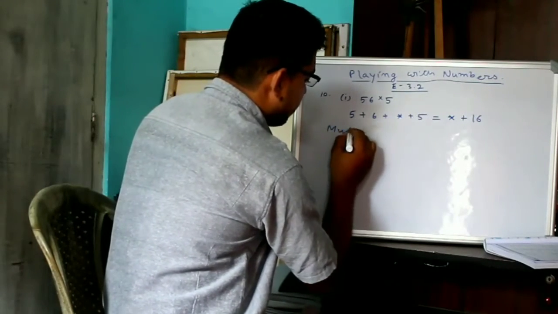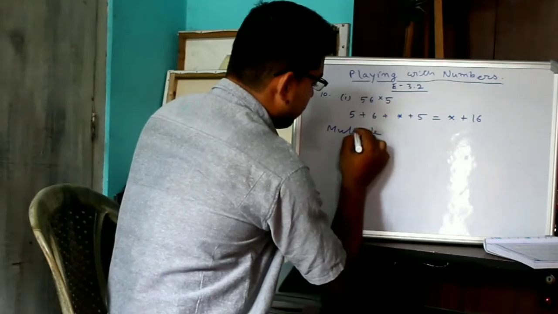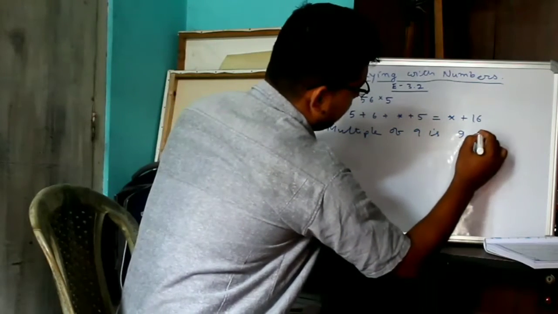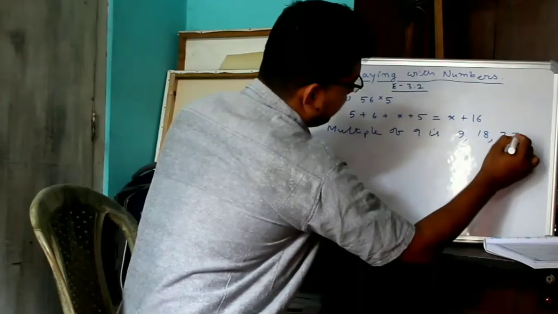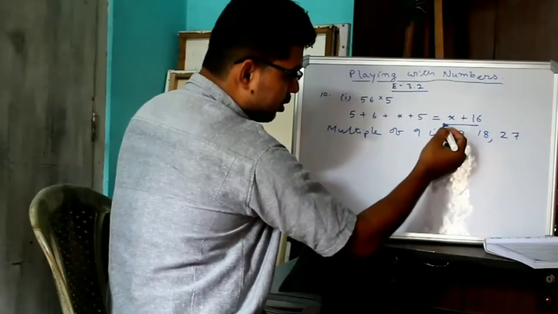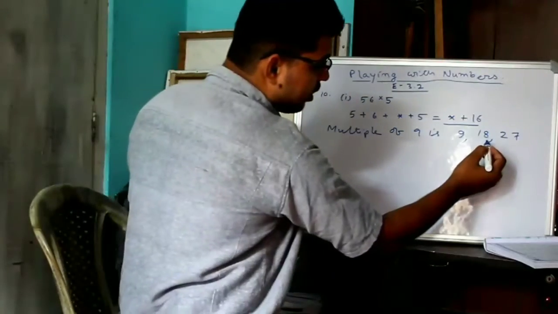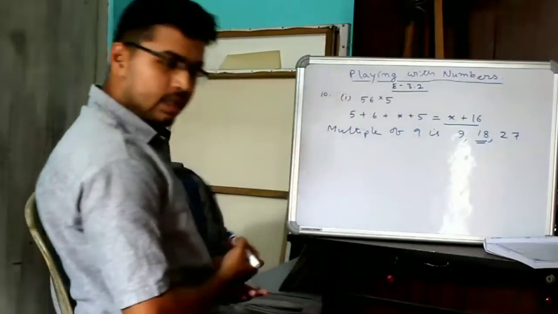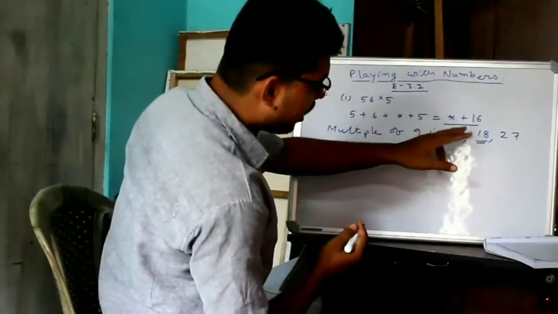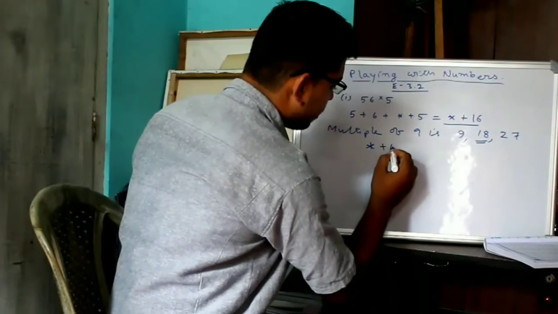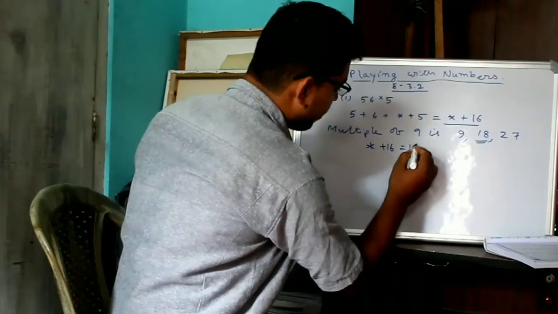Multiples of 9 are 9, 18, 27. But here star plus 16 is closest to 18. That's why we need 18, so star plus 16 equals 18.